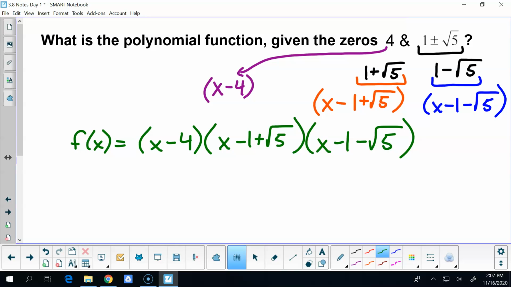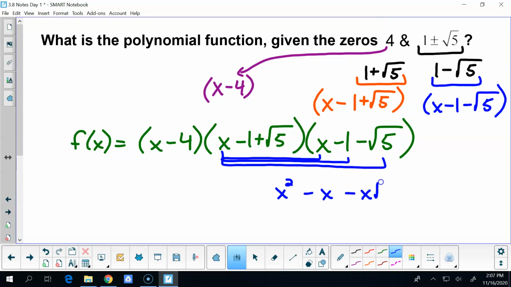Now I'm going to take those last two and distribute. This is going to be a little more involved because the x has to go into all three spots. That gives me x squared minus x minus x times the square root of 5. Then I've got to take this negative 1 and go into all three spots.